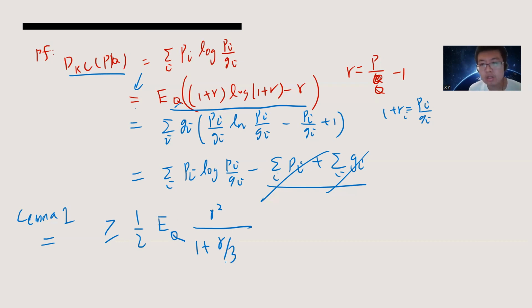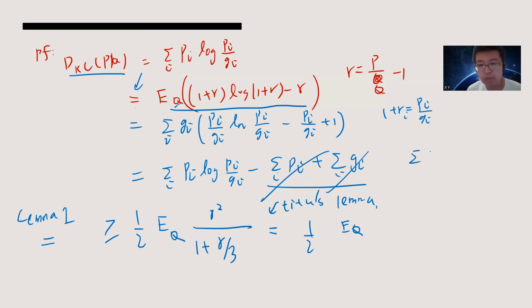Now one can use Cauchy-Schwarz's lemma. So one can use it, and this will be greater than or equal to the expectation value.